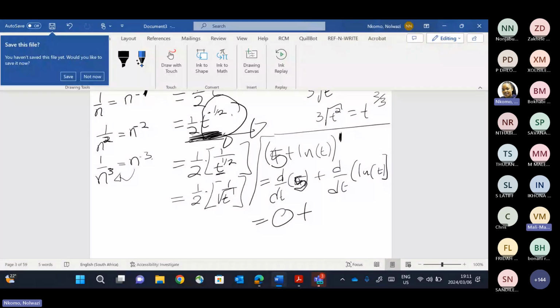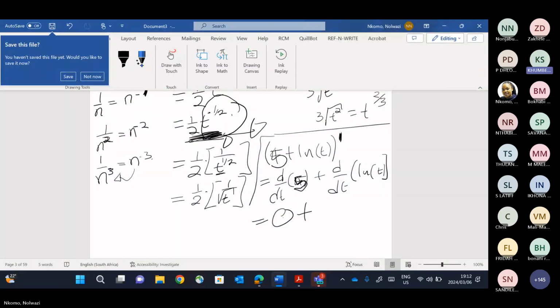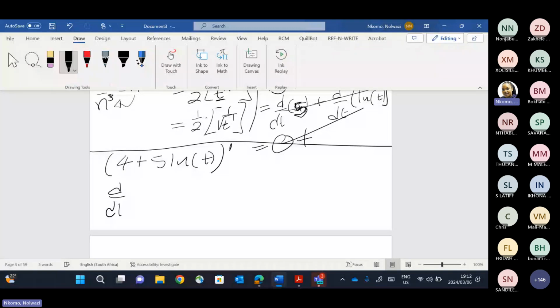Then we want the derivative of ln t. You want the derivative of 4 plus 5 ln t. You'll say the derivative of 4 plus 5 times the derivative of ln t.